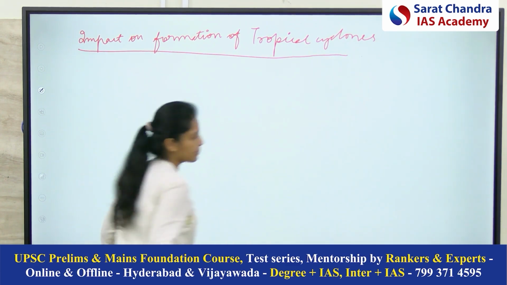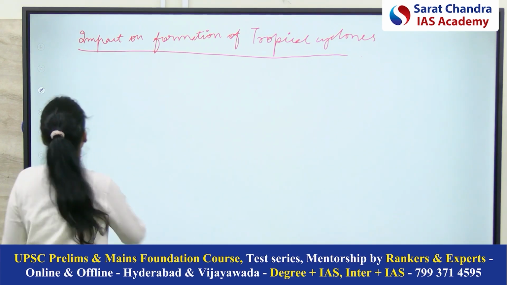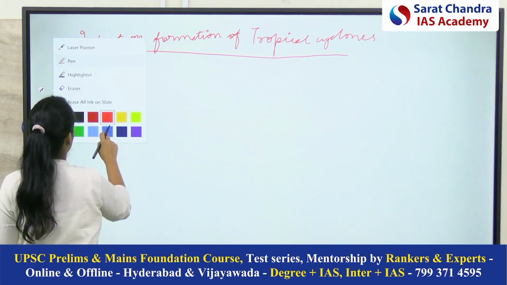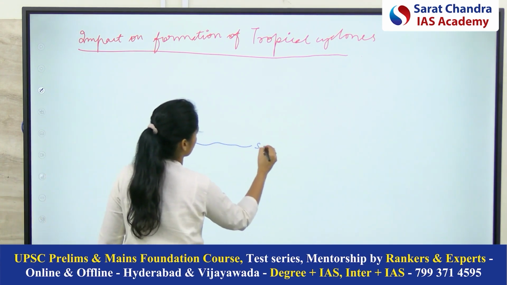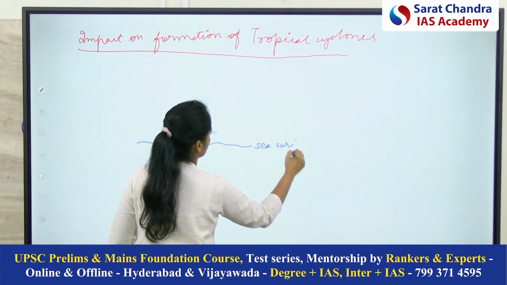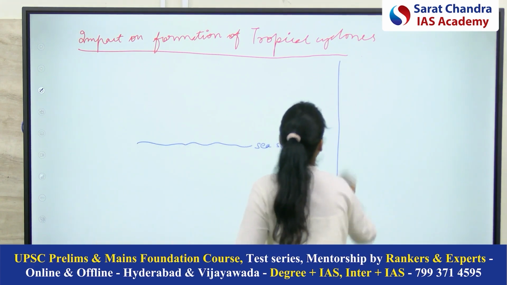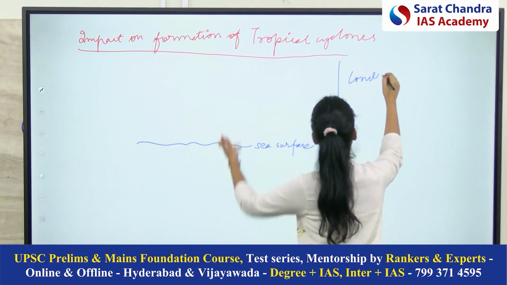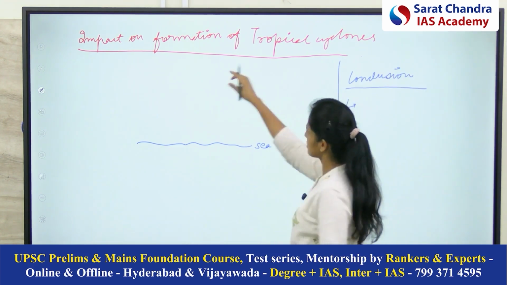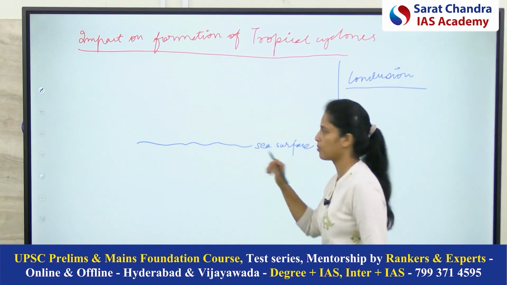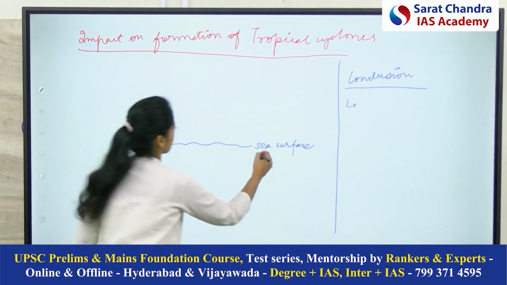See, I will explain the mechanism, then based on that, you can write your answer. Here, we will write the final conclusion, basically 3-4 points on how sea surface temperature is affecting the formation. Here we are understanding the phenomenon. So for example, this is the sea surface.